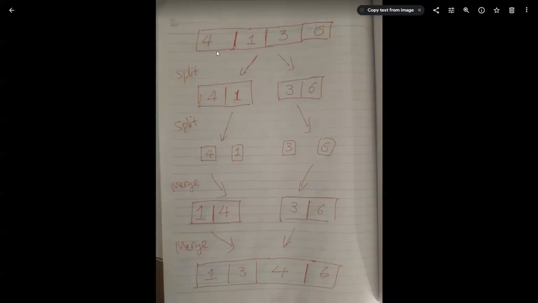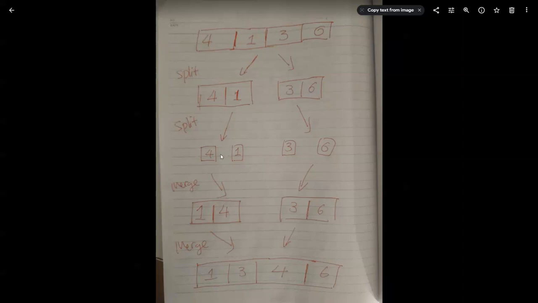So let's say we have an array of 4, 1, 3, 6, and we have to split the array in halves. The first splitting will have the left half as 4 and 1, and the other half will be 3 and 6.